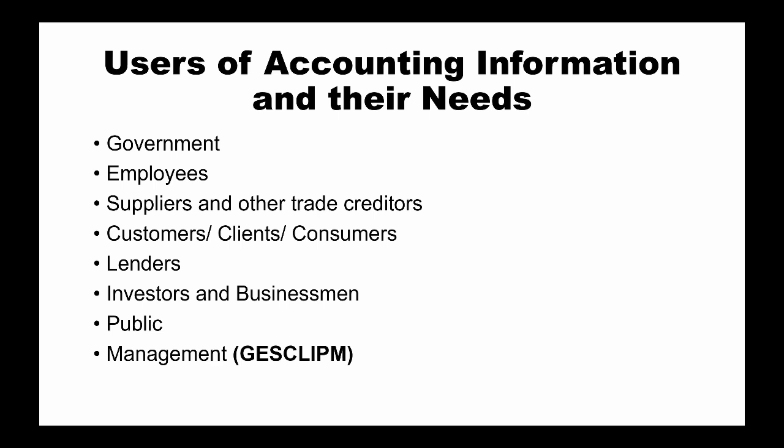Then you have the employees. Employees, if you're working in an accounting, finance, or trade department, the accounting information becomes essential. Then you have suppliers and other trade creditors, those who are providing merchandise to different business establishments, such as Coca-Cola or Pepsi.